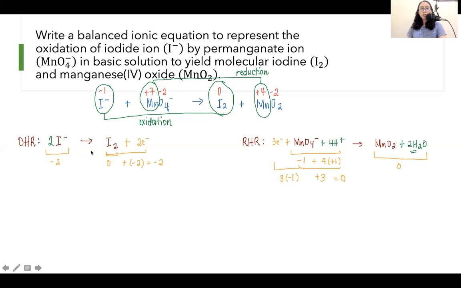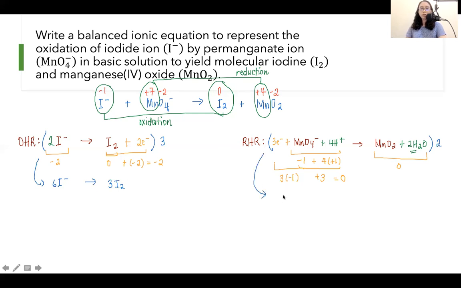For the oxidation half reaction, we see 2 electrons, while on the reduction half reaction, we see 3 electrons. So we multiply our oxidation half reaction by 3 and the reduction half reaction by 2. So now we have 6 iodide forming 3 iodine.